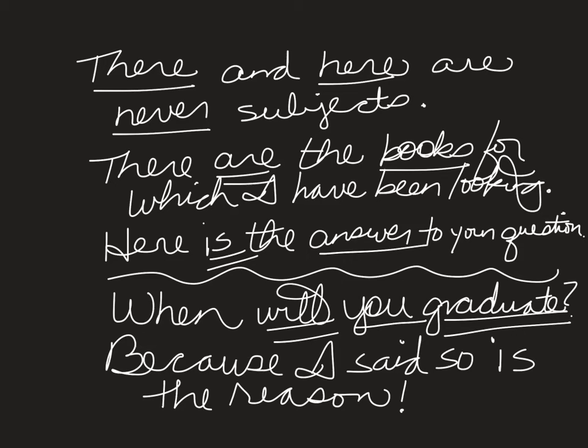And sometimes, in this case, delayed to the end or very close to the end of your sentence. If this is the case, it is often because the author is trying to accentuate the subject and make it stand out and therefore sticks it at the end. Okay? So our last sentence example here is, because I said so is the reason.